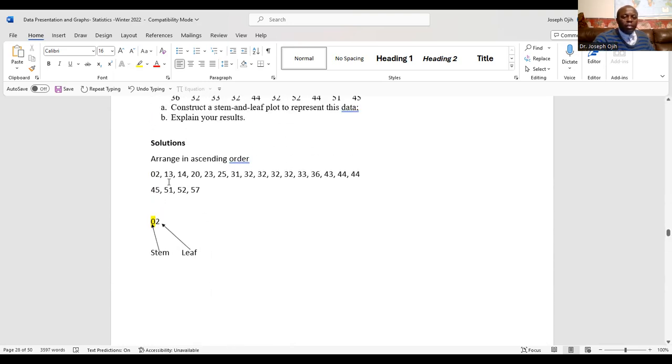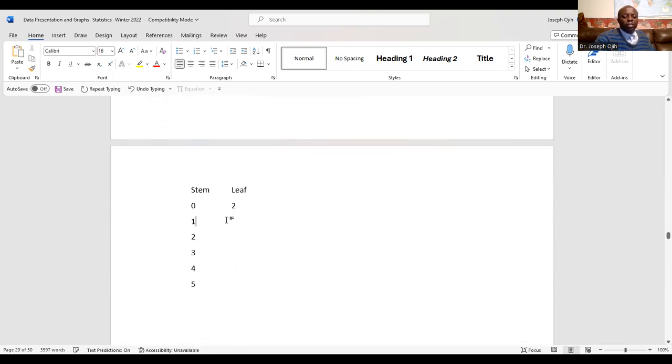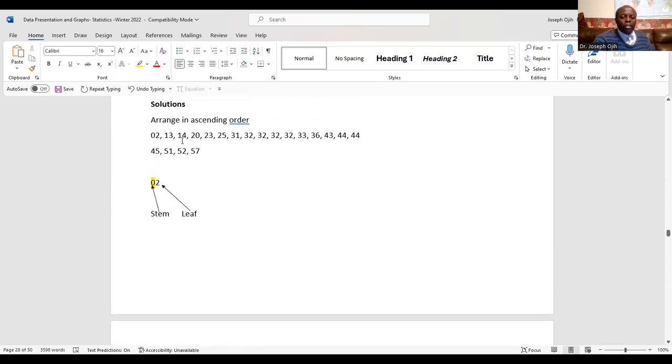Next one is 13. We have 1 here already, so you put 3. Then you have 14.